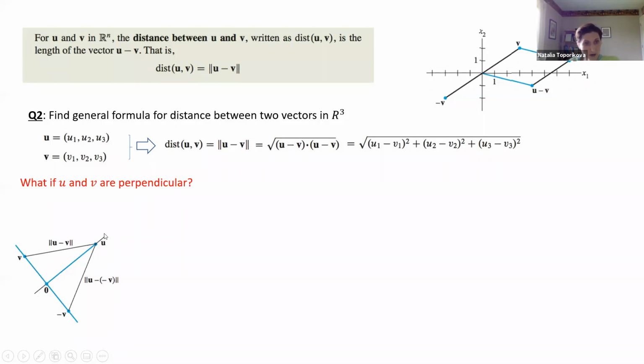So we have our vector u and our vector v, and when we subtract v from u, we get a hypotenuse, and its length is what we're looking for. However, because we have a right triangle here, that length will be exactly the same as when we use vector minus v instead of v. So we subtract minus v from u, and we should get exactly the same hypotenuse.